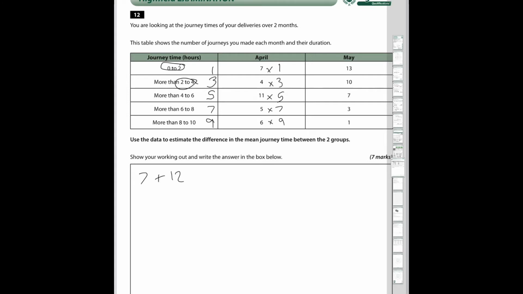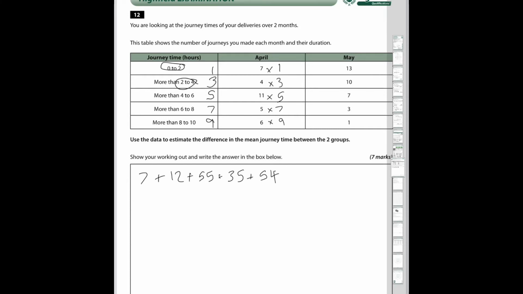Use the calculator if you feel you need to. 11 times 5 is 55. 5 times 7 is 35. And 6 times 9 is 54. That is the number of deliveries made in April.